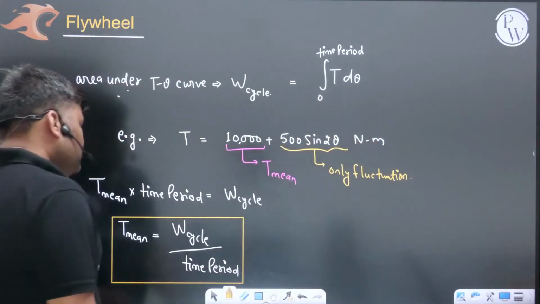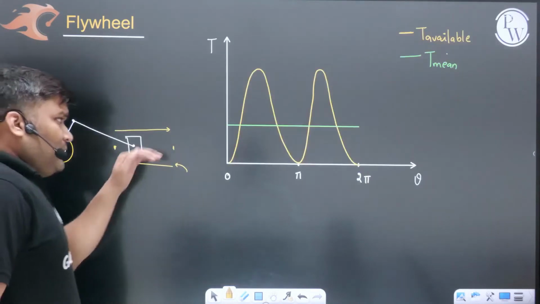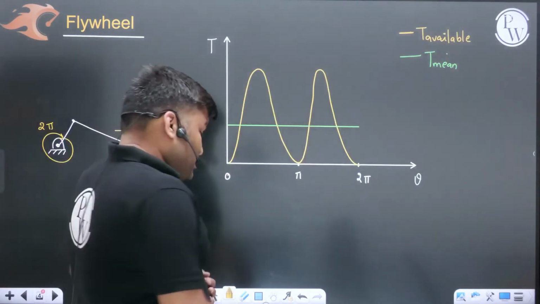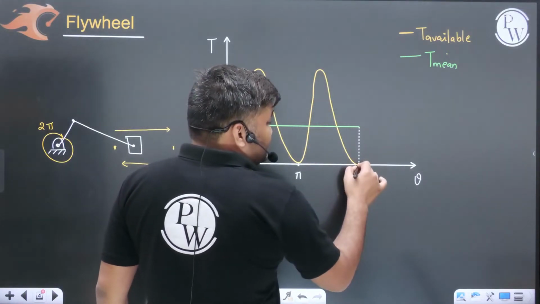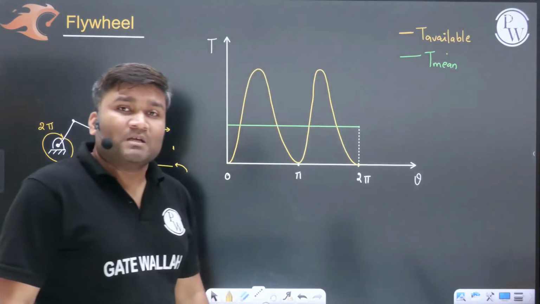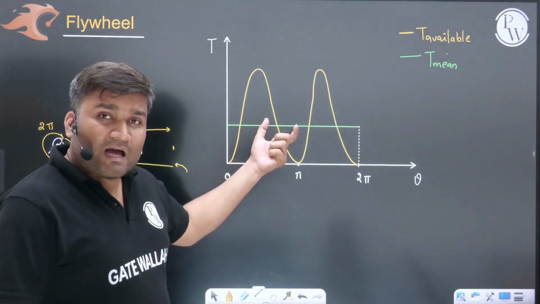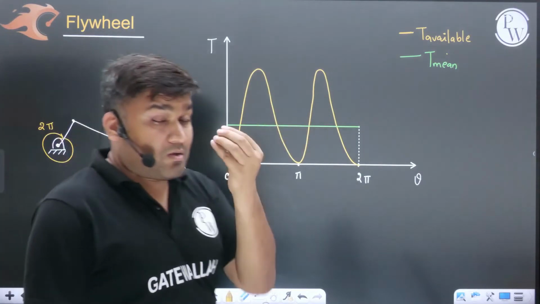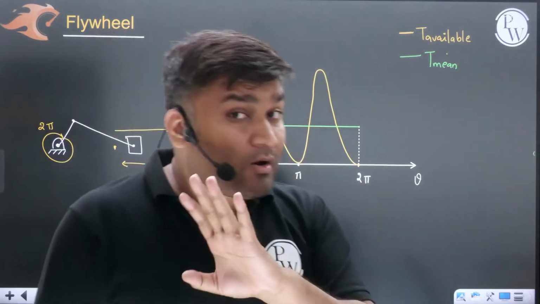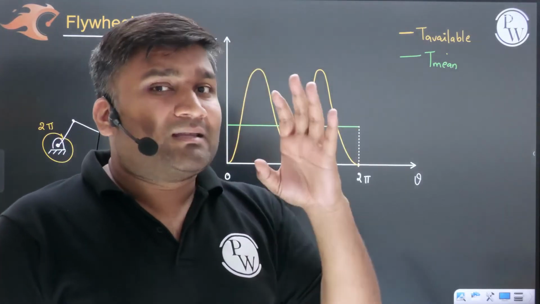Now, if you know how much is the mean torque, this is my mean torque. In green color I have drawn the mean torque, beta. Now listen carefully. This engine I can connect against a certain load, and most of the time that load is constant. Not necessary, but most of the time that load is going to be constant.